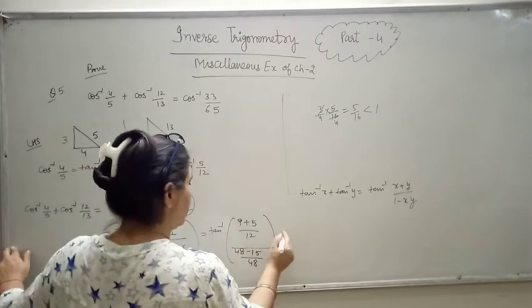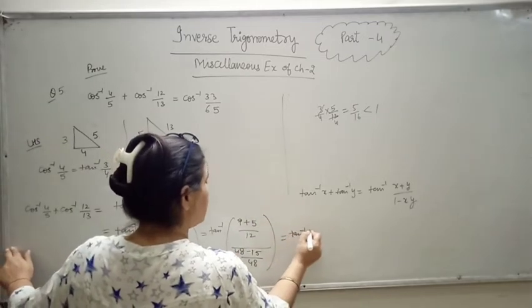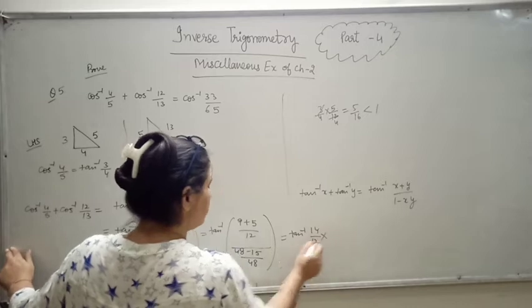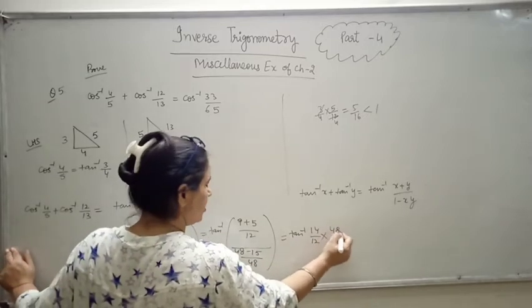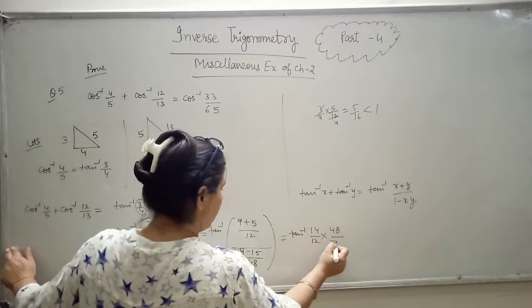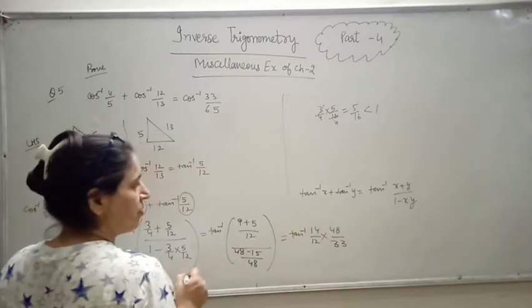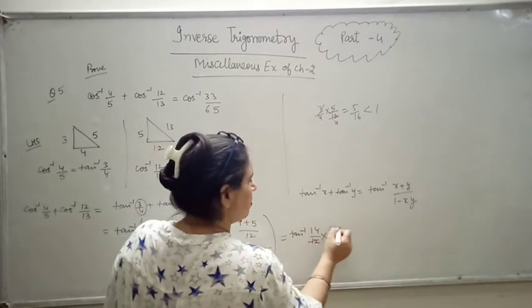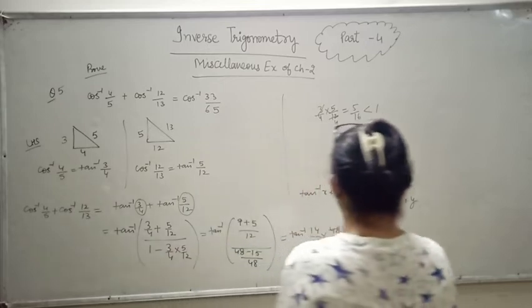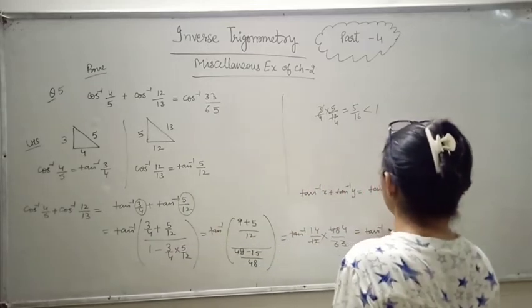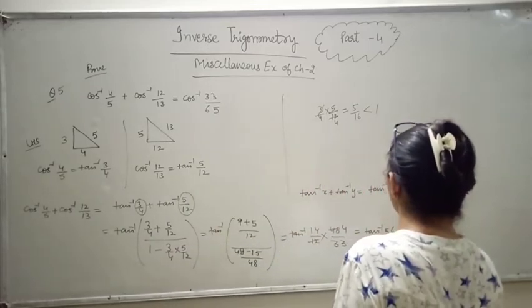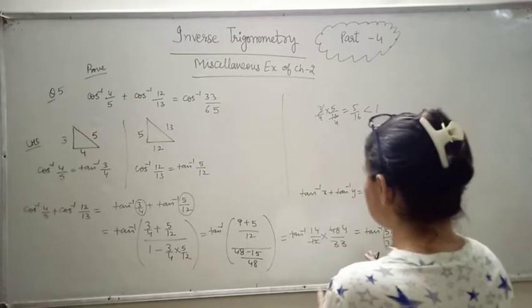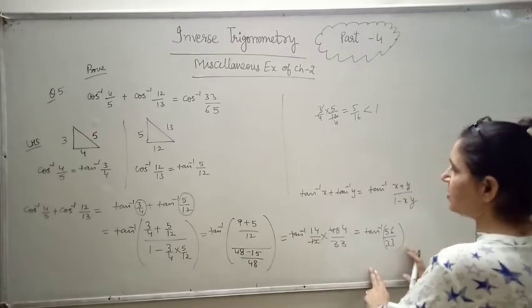So now it would become tan inverse of 14 by 12 into, cross multiply, 48 by 33. So now it would become tan inverse 56 by 33. So now it is simplified, left side is simplified.